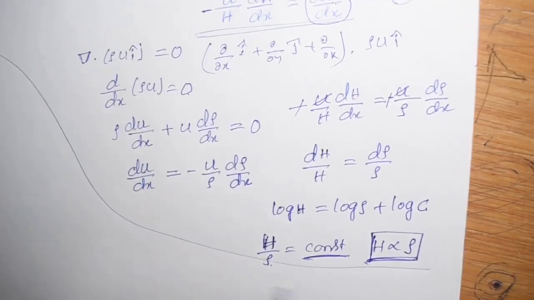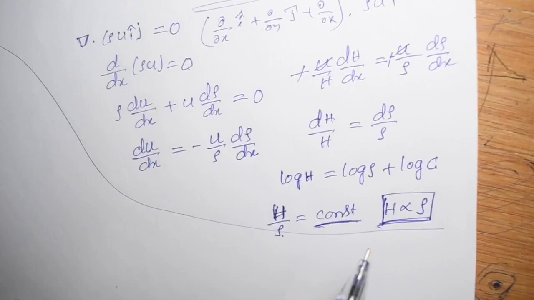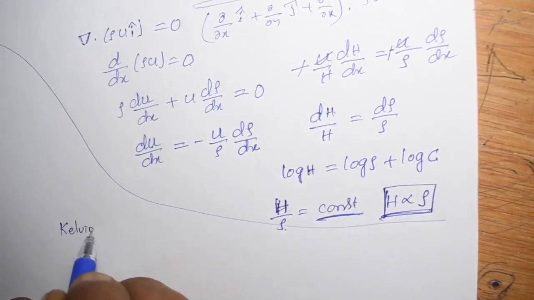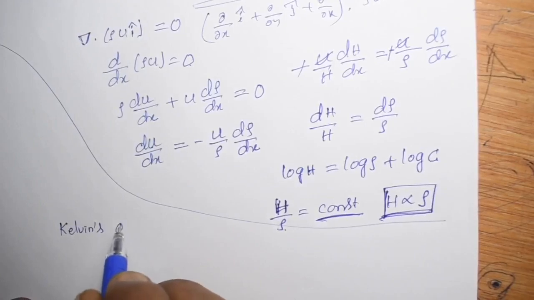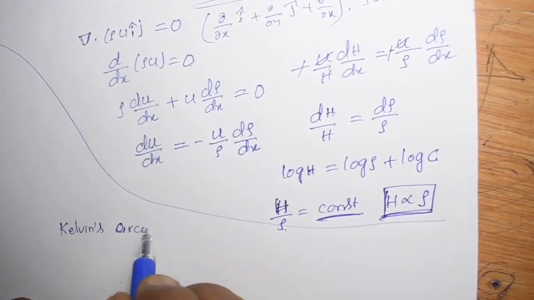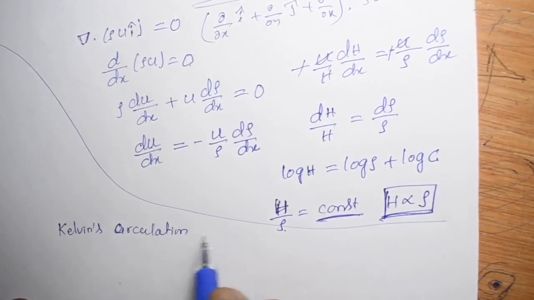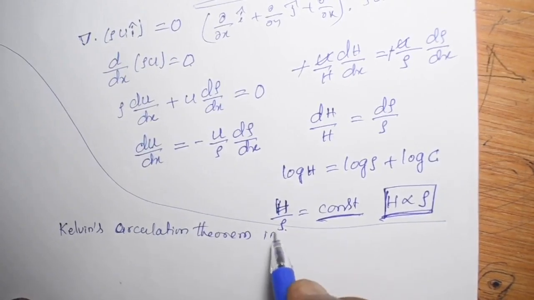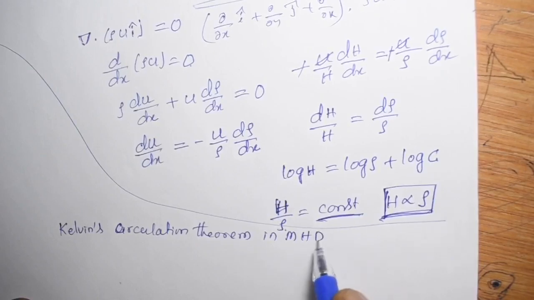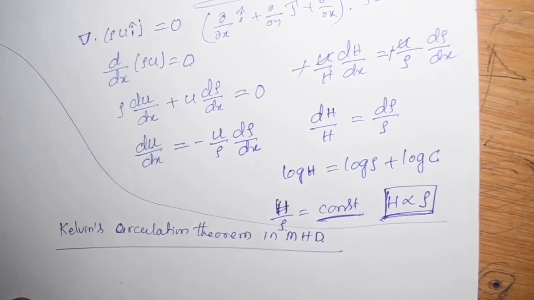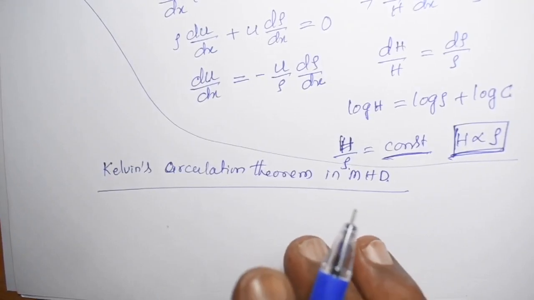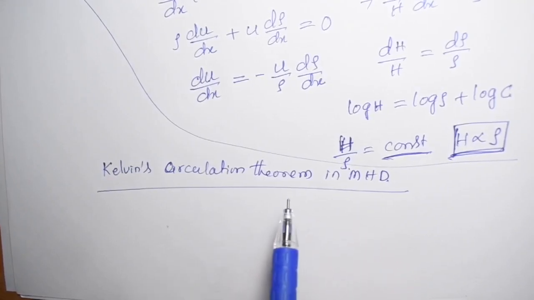Now I am going to prove one more very important theorem, the so-called Kelvin's circulation theorem in MHD. Okay, Kelvin's circulation theorem in MHD. Right. So I think you have an idea regarding Kelvin's circulation theorem.